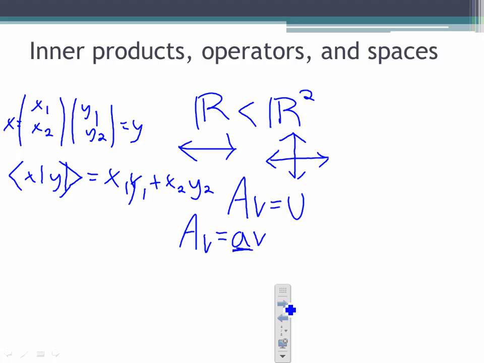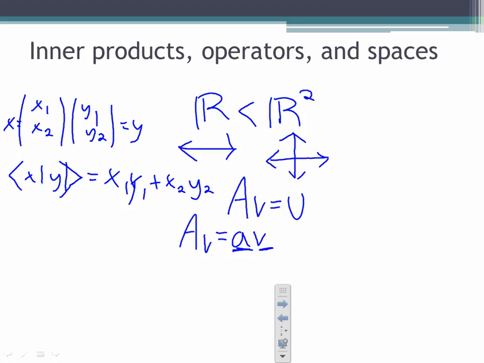This a is an eigenvalue, and this v is an eigenvector. Eigenvectors with different eigenvalues are orthogonal, and every single eigenvalue corresponds to a subspace, which is a collection of all the eigenvectors with that particular eigenvalue.